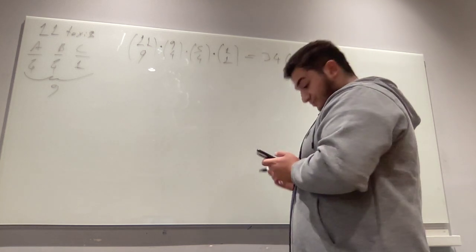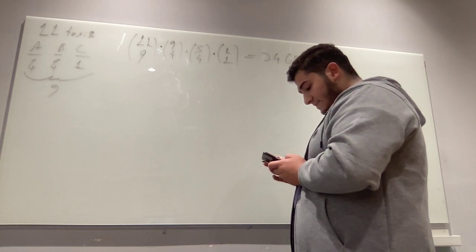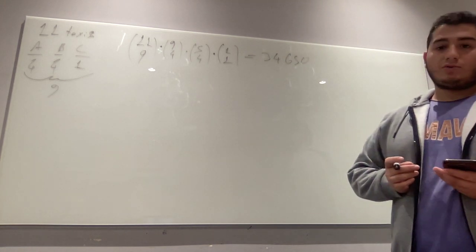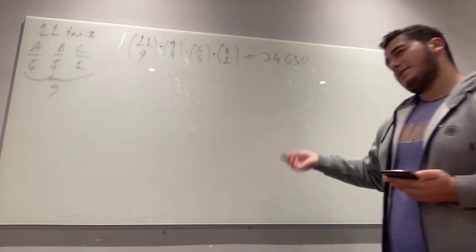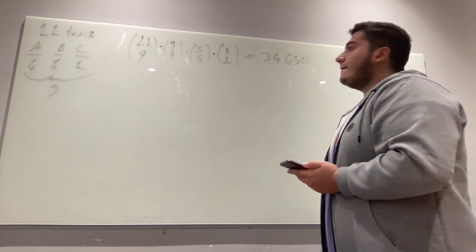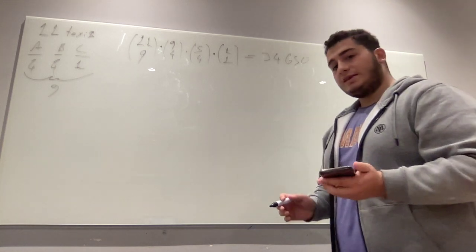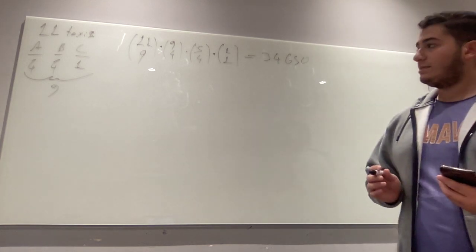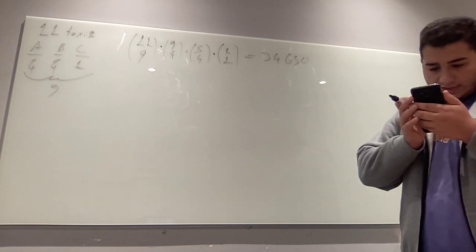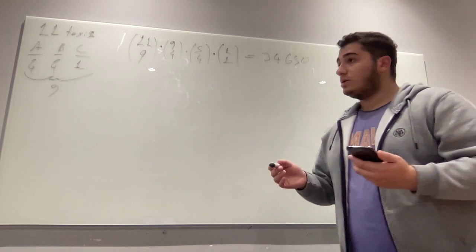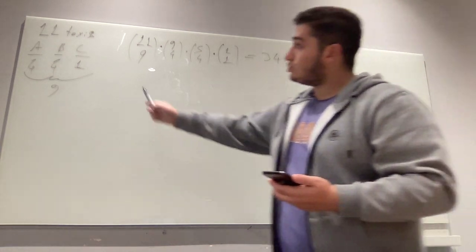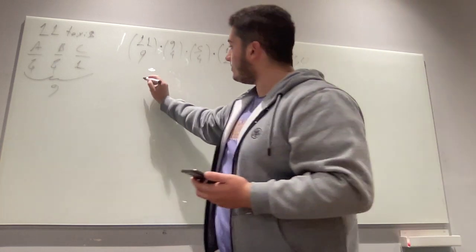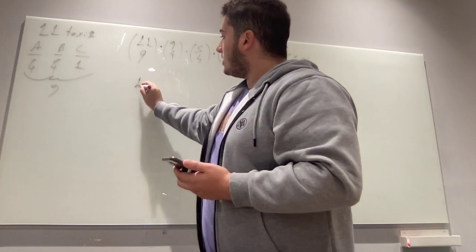Second part. What's the probability that a specified driver Jones is assigned to airport C? Like I already explained, for special selections in a special case, we need to choose that case firstly. I need to choose Jones. I need to assign Jones to go to airport C at first. 1 choose 1.